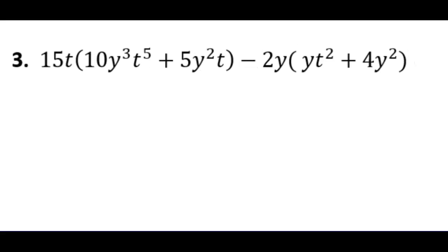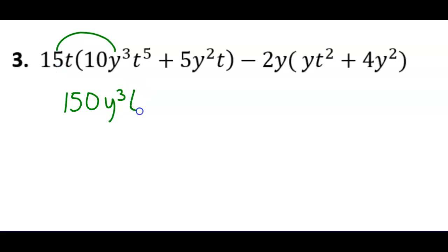I want to go through that one with you because there's some different elements in this one. We've got multiple variables in here. And so this one changes just a little bit as far as how we do this one. So I'm going to multiply 15t by 10y cubed t to the 5th. So the 15 times the 10 gives me 150. Now, I don't have any y terms other than out here. So that y cubed is just going to stay.